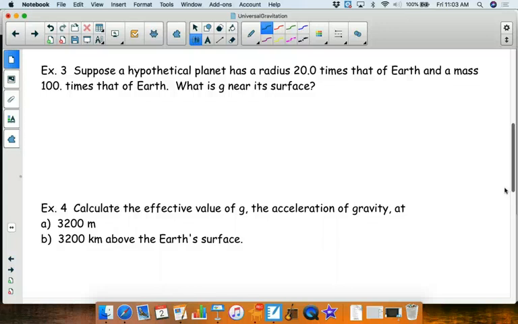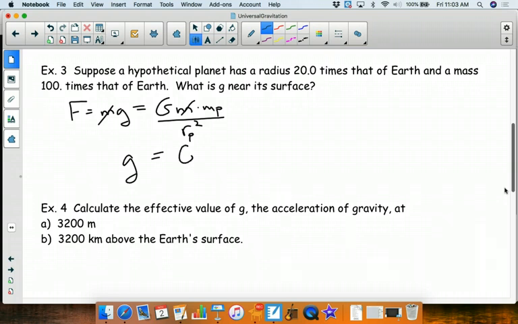Force equals mass times acceleration, F equals ma, or mg. So you'll have F equals mg, which also equals G times m times the mass of the planet all over the radius of the planet squared. Your m's are going to cancel, and you find your g value.